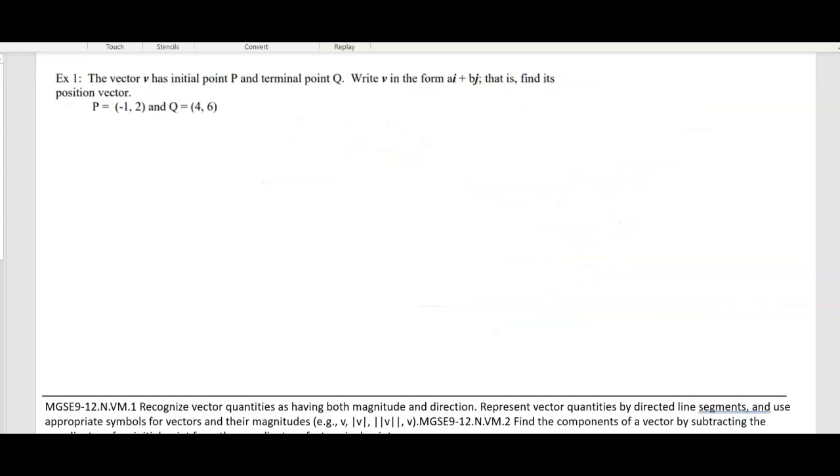Okay, so let's see. Make a sketch. Okay, so P is at (-1, 2). There's P. Q is at (4, 6).